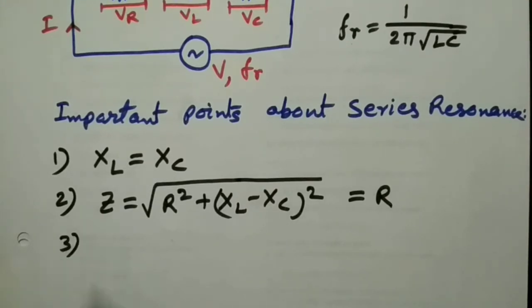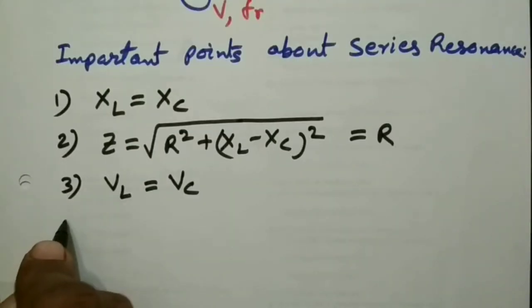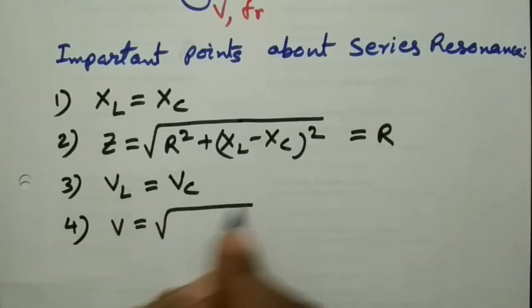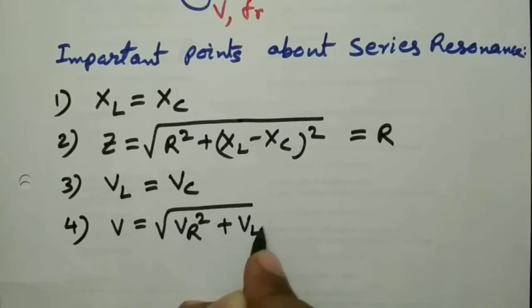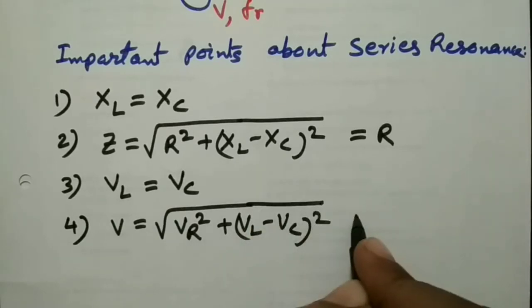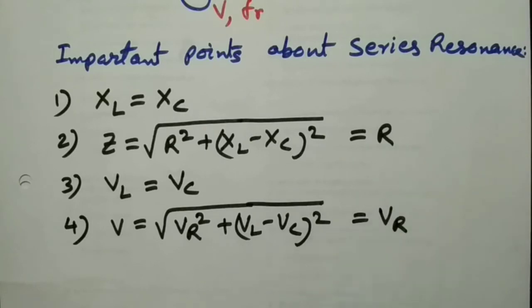And as XL is equal to XC, therefore the voltage drop across the inductance should be equal to the voltage drop across the capacitance. So the supply voltage of a series RLC circuit, which is given by square root of VR square plus VL minus VC whole square, here the supply voltage should be equal to the voltage drop across the resistance.